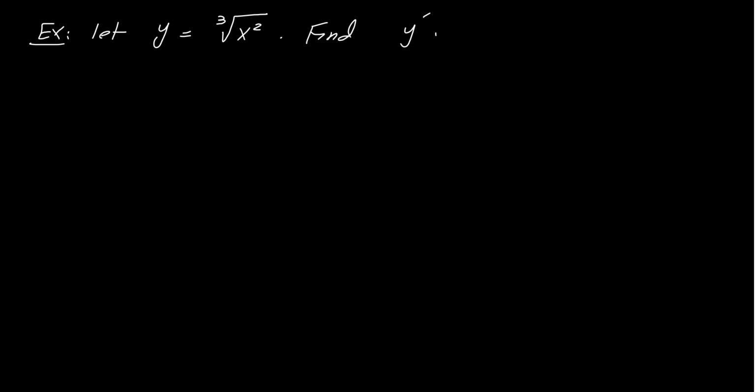Different notations for the derivative. So again, the power rule is the derivative of x to the power n equals n times x to the power n minus 1.